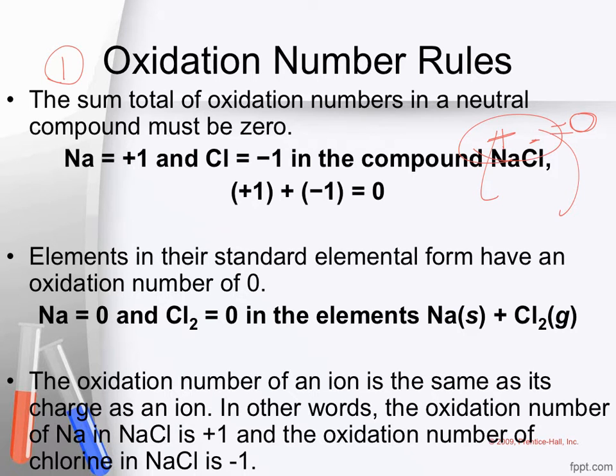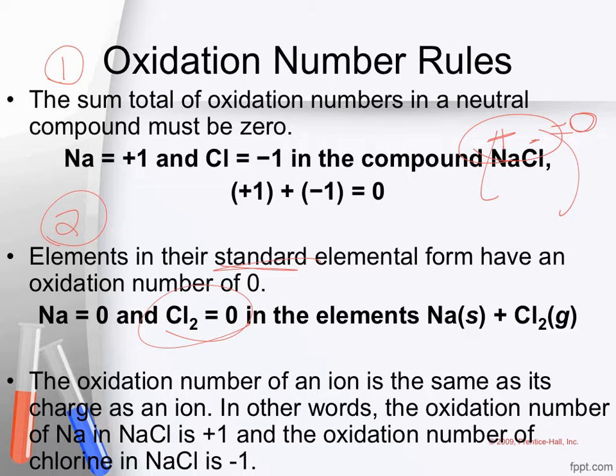So same thing with assigning oxidation numbers. When you add them all together, if it's a neutral compound, they need to add up to be 0. The second rule: elements in their standard form have an oxidation number of 0. When I say standard form, what am I talking about? That's how it exists in nature. So remember the 7 diatomics, they exist as two of them.